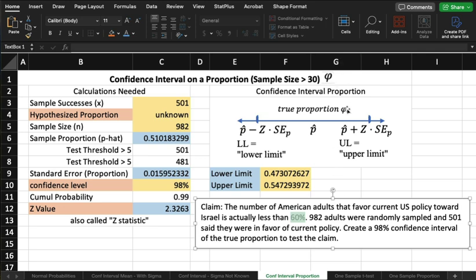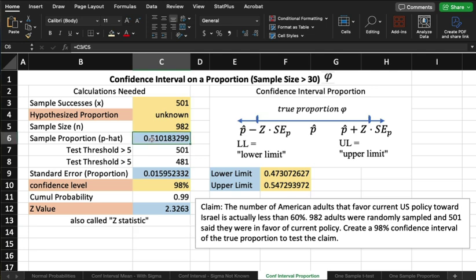You see this unusual symbol next to where it says true proportion. That is the Greek letter phi. It is sort of what we use in place of the letter P. So the true proportion is what we're going to call phi, and the lowercase p with a caret over it, we're going to call p hat, and that is our point estimate for the proportion.